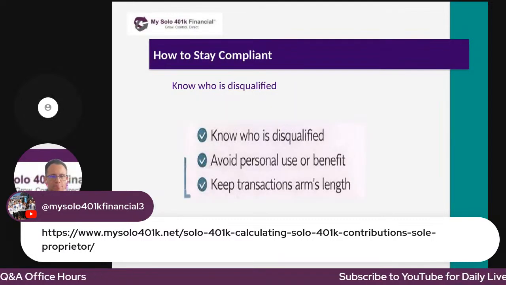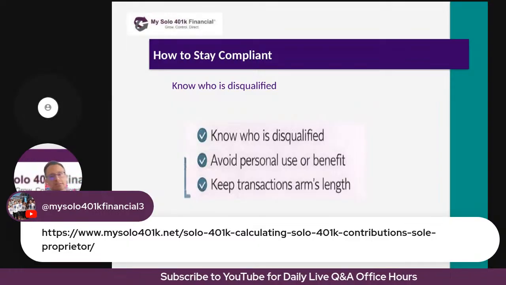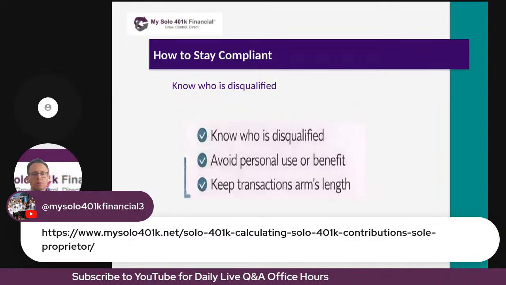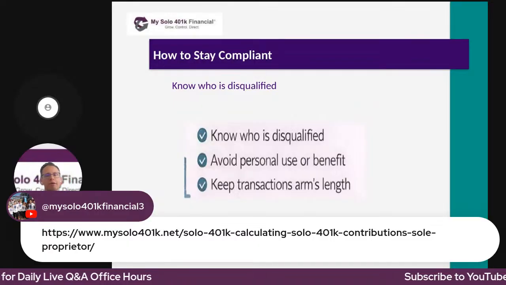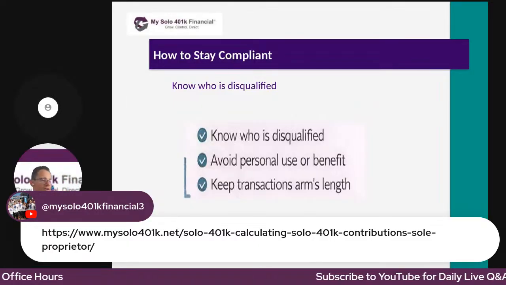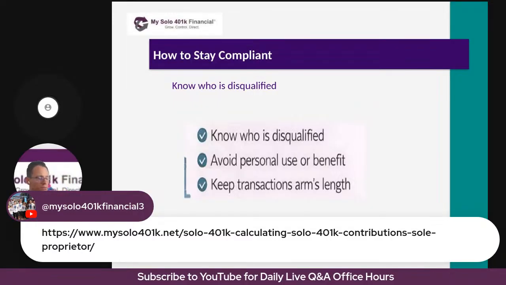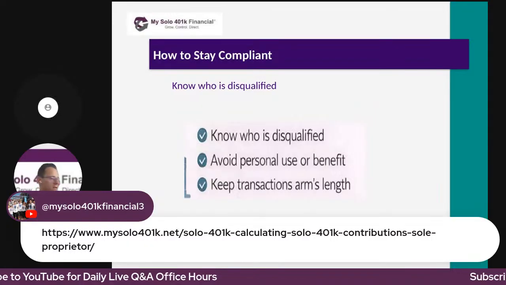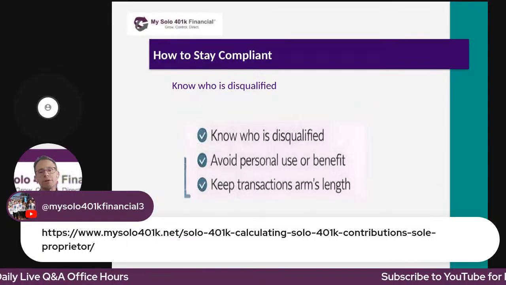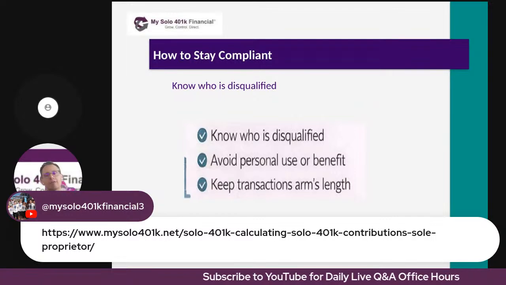So how do you stay compliant with the self-directed IRA when you're making investments? Well, know who is disqualified. We talked about that already up above as far as the list of disqualified parties. You want to make sure you keep transactions completely separate from yourself and family members. Also, you want to avoid personal benefit. Your IRA investments must be strictly for retirement, not for current use.